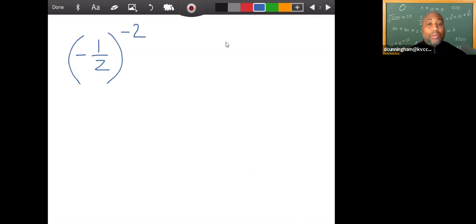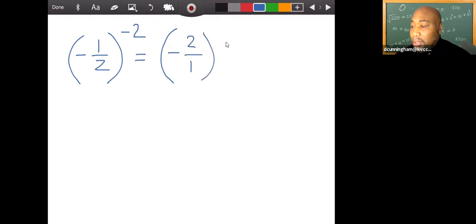The first thing you want to do is get rid of that negativity with the power. How do you do that? You take the reciprocal of the base, which gives me, you don't change, you just keep the negative, -2/1. And that's a +2. So now my exponent, my power is positive.